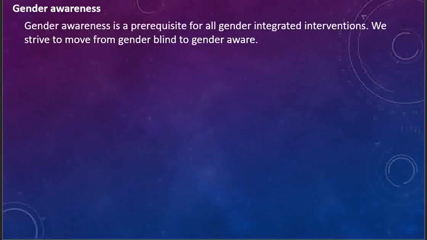So gender awareness is a prerequisite for all gender integrated interventions, and we strive to move from gender blind to gender aware, because when we talk of a gender lens, we want to deeply analyze the situation of gender in the context of the culture, the age, the race, and time, so that we understand the gender issues that are there.